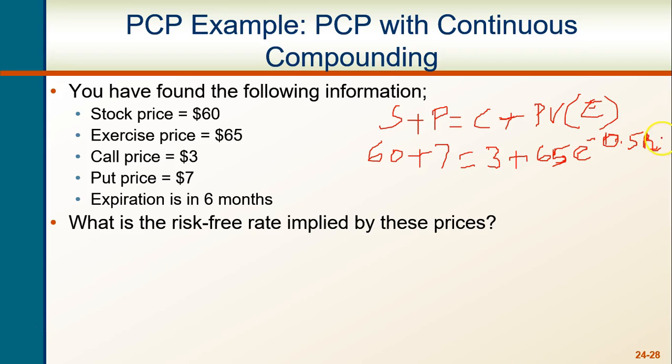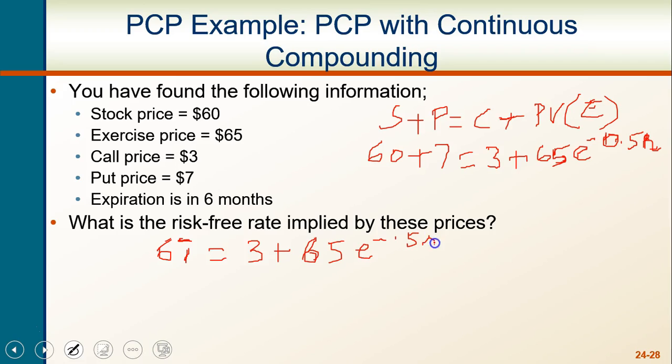So 60 plus 7 on the left hand side will give me 67. On the right hand side, what I have is 3 plus 65 multiplied by e raised to the power of minus 0.5 R. So I'm going to ask this 3 to go over to the other side.